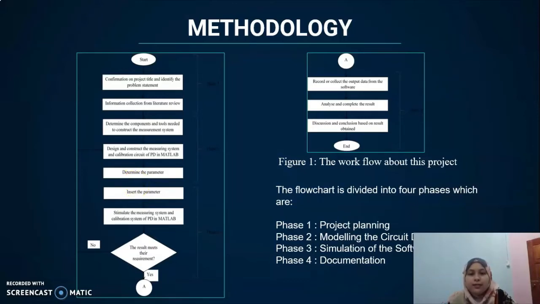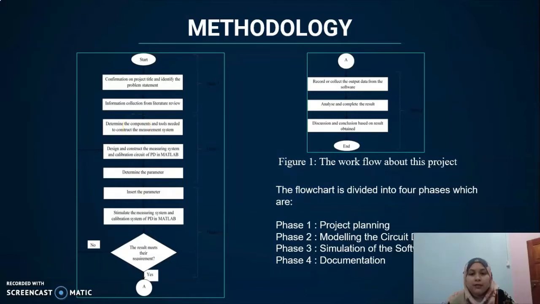Then phase 3 is about simulation of the software. Insert the parameters into the circuit diagram, then simulate the measuring system and calibration system of partial discharge in MATLAB software. If the result obtained does not meet the requirement, the process is repeated from phase 2.